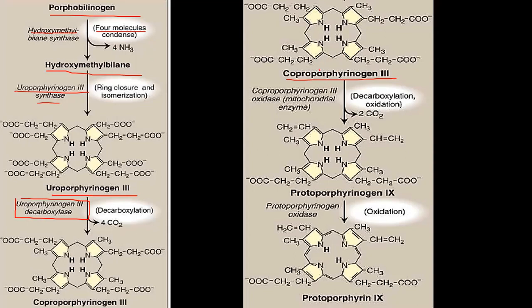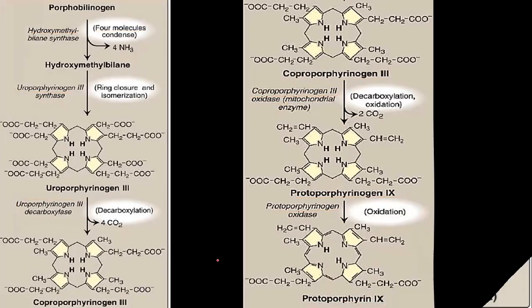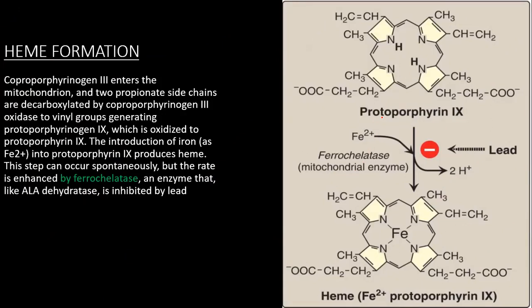Now, coproporphyrinogen III undergoes oxidation, a reaction catalyzed by coproporphyrinogen III oxidase to form protoporphyrinogen IX. Okay, then protoporphyrinogen IX will undergo further oxidation, a reaction catalyzed by protoporphyrinogen IX oxidase to form now your protoporphyrin IX. Okay, now the last step is we have to add iron. We have to add iron now to the protoporphyrin IX.